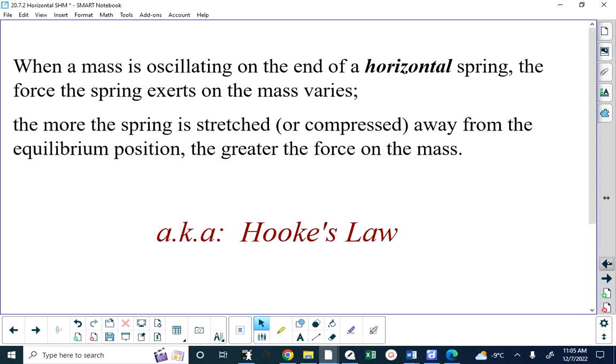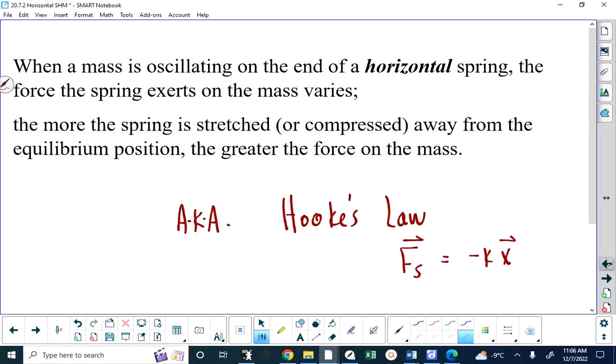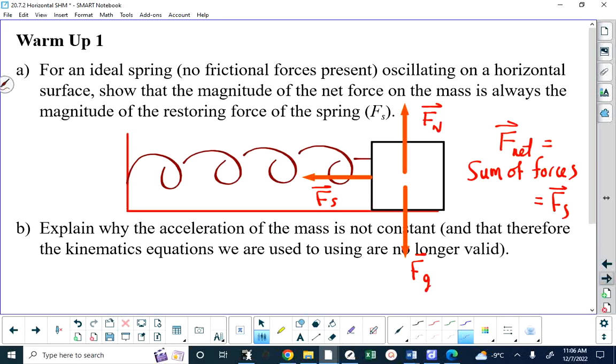So when the spring is stretched a lot, Hooke's law says that the magnitude of the spring's force will be greater if it's stretched more. But the spring's force is the net force, and the net force is ma.